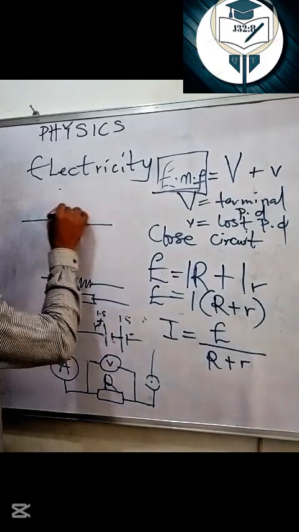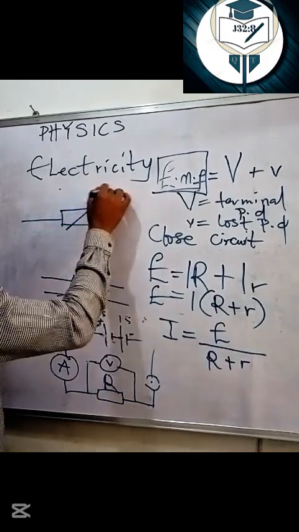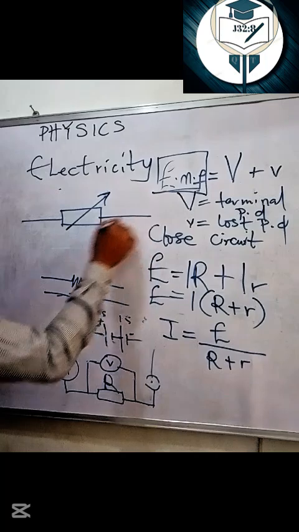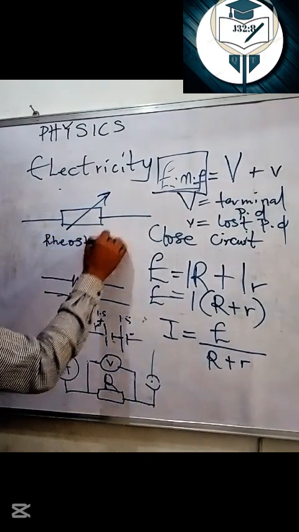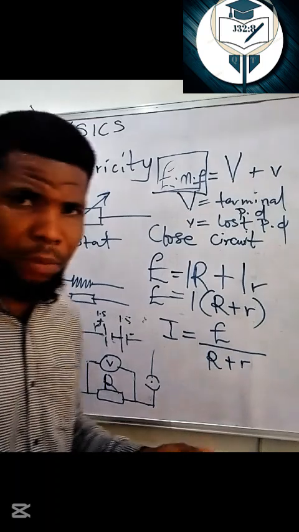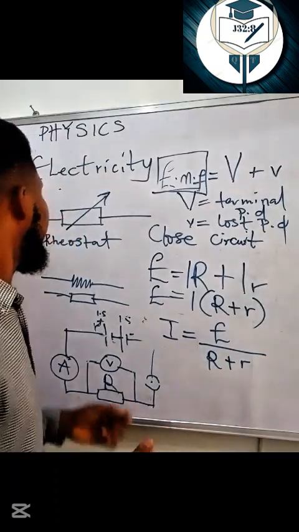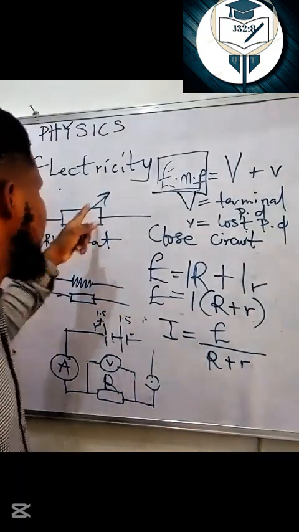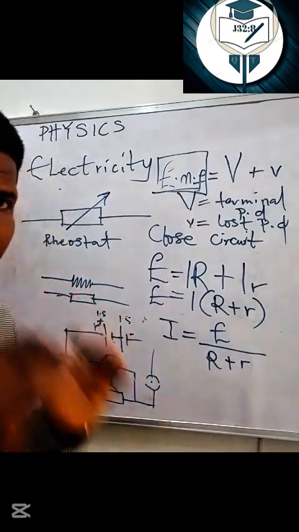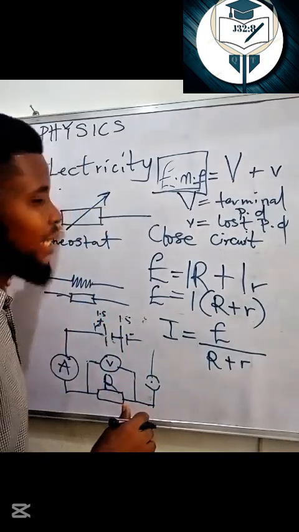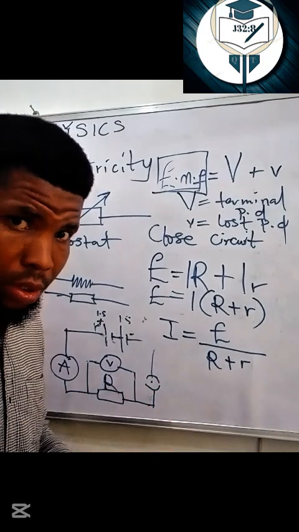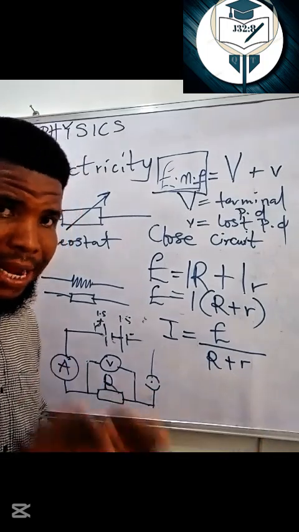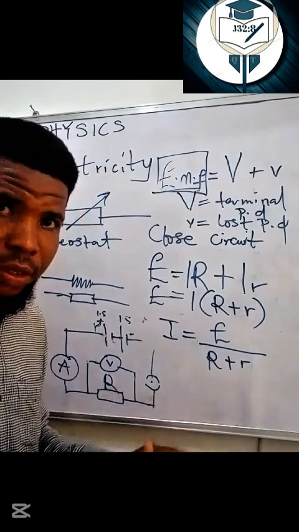This is a rheostat. Can you see? Rheostat. This is the word. You know a rheostat now. Some of you know this rheostat, okay? Now, that's the symbol for a rheostat. What you see is a variable resistor. It means that the resistance can be adjusted to any value that you want, depending on the practical you are carrying out at that point, or what you need.